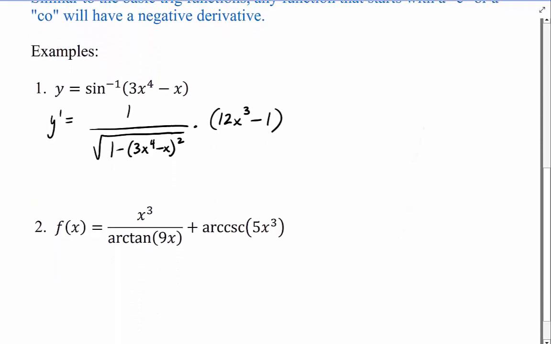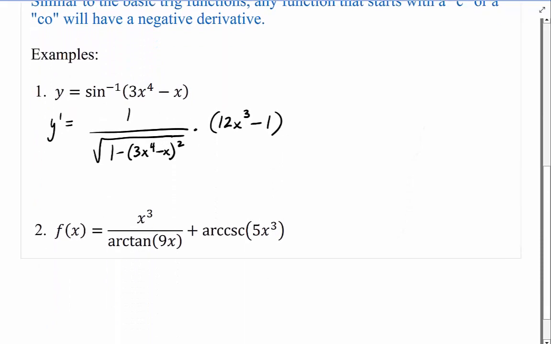Looking at my second example, I can see that I have 2 terms here. I have one term here, which is a quotient, and then a second term. So I will apply the derivative operator to both terms. Looking at my first one, which is the quotient, I'm going to take the derivative of the numerator. That gets multiplied by the denominator, as is. Take away.